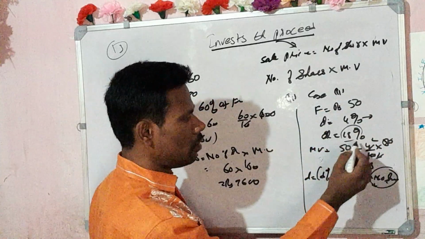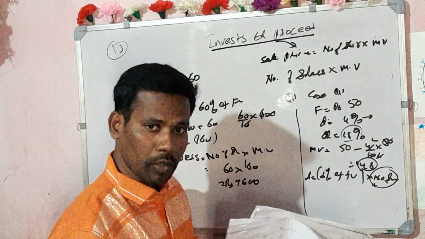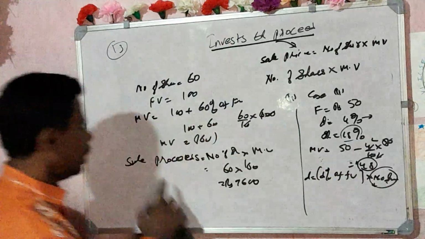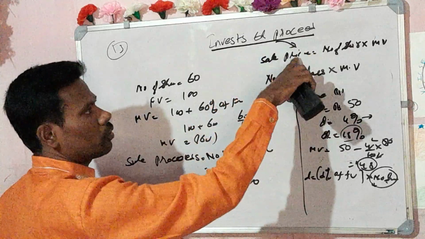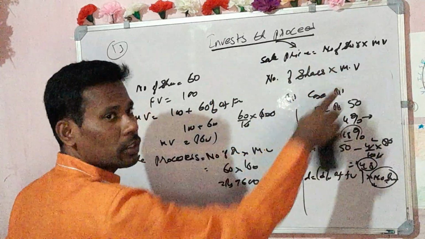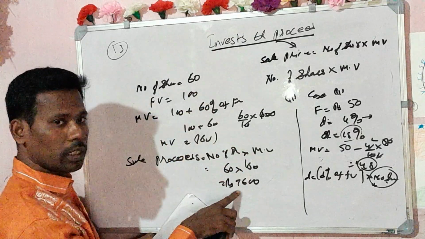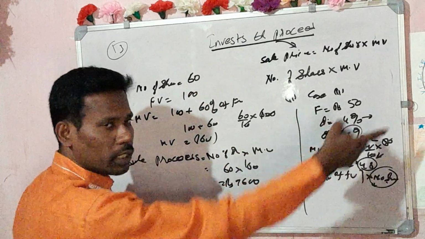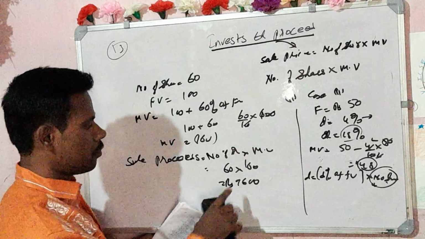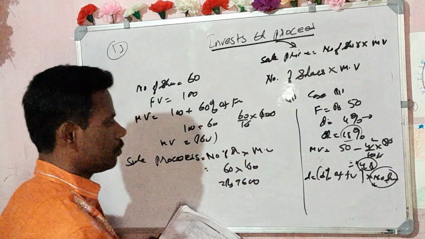Please make a note of it once again: invest the proceeds means number of shares into market value. Number of shares is 60, market value is 160, giving 9,600. This becomes the investment. Now the sale proceeds become the investment in case 2.